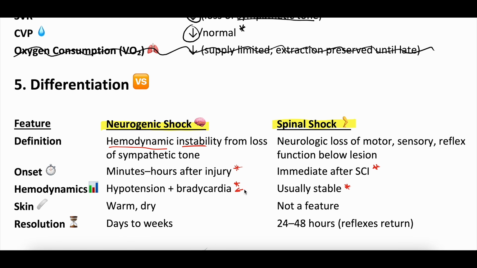You're hypotensive and bradycardic. So that's one of the differences. Neurogenic shock, hypotensive, bradycardic, spinal shock, usually stable. Neurogenic shock, your skin is usually warm and dry, and that is because of the vasodilation leading to hypotension. So in spinal shock, if you don't have that vasodilation leading to hypotension, your skin, normal. Not a feature to think about. Skin feels normal. You're not warm. Resolution for neurogenic shock can be days to weeks.